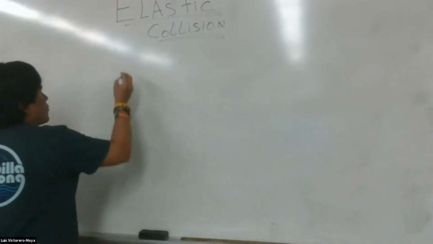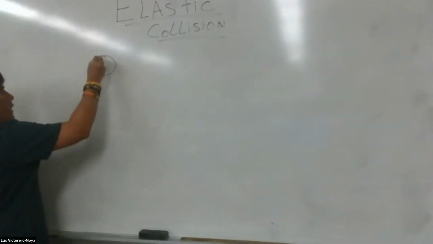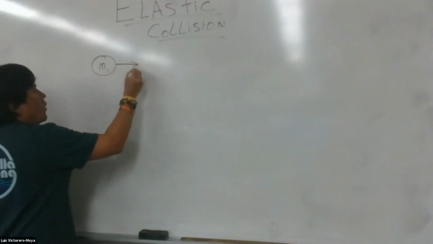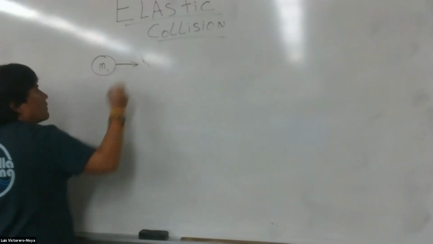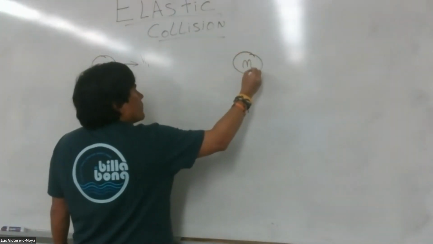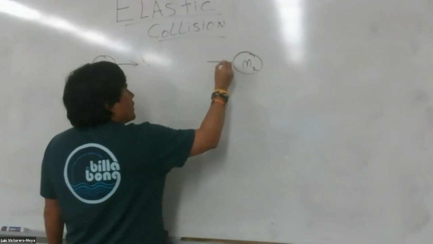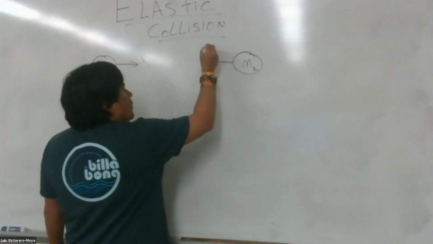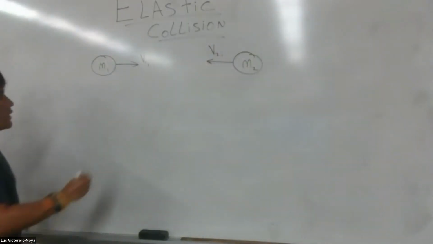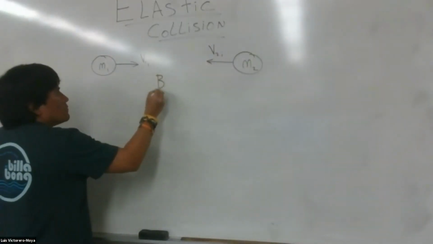So let's say I have two masses here. M1 moving with velocity V1 initial, and M2 moving with velocity V2 initial. This is before the collision.